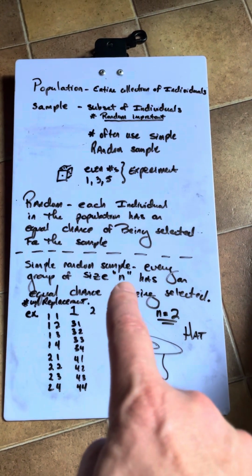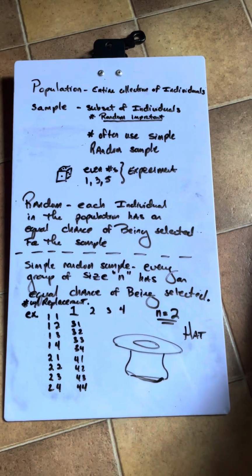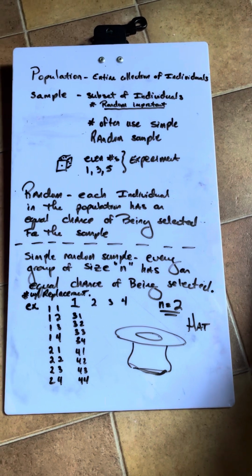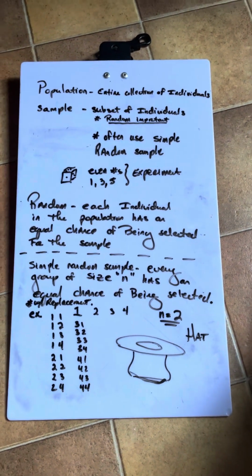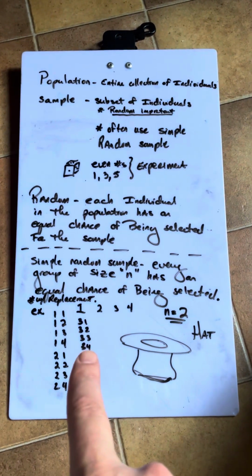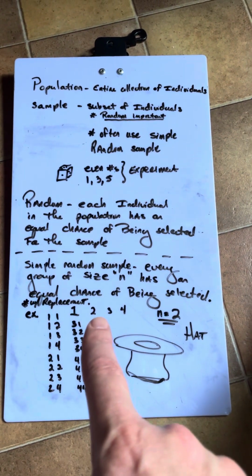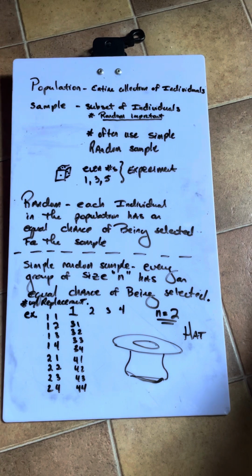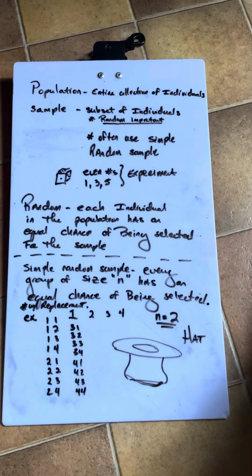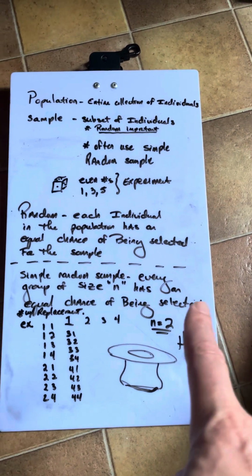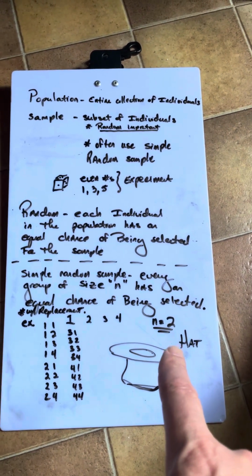All right, so this size n actually has to be selected prior to the beginning of the study. So let's pretend our population are the numbers 1, 2, 3, and 4. We have thing 1, thing 2, thing 3, and thing 4. Okay. Now, we've done some calculations and we figured out that our n, our sample size, needs to be 2.